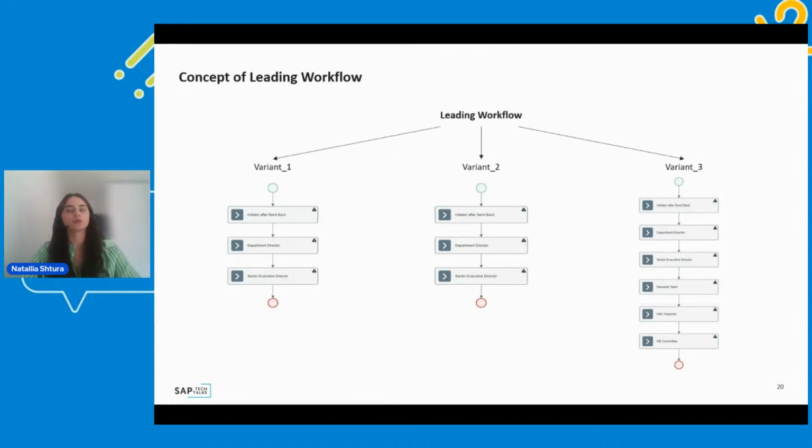And this workflow will choose a proper process variant based on the input parameters, based on the past process context. In other words, you should invoke only one workflow and pass input parameters. And this workflow will choose a proper process variant, only one.